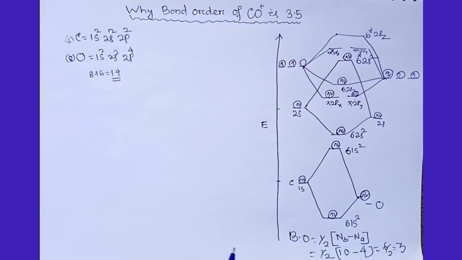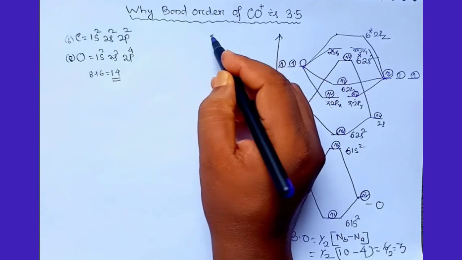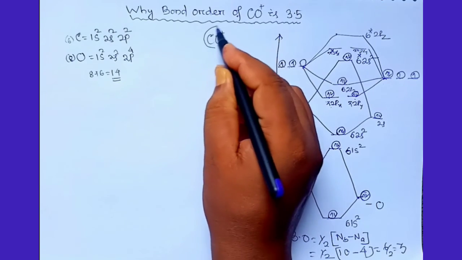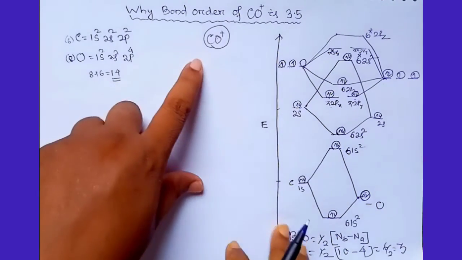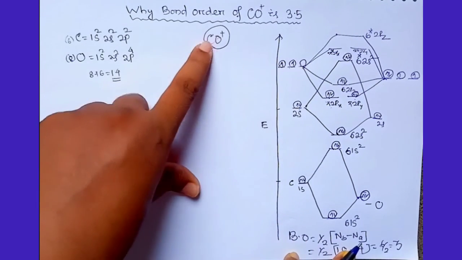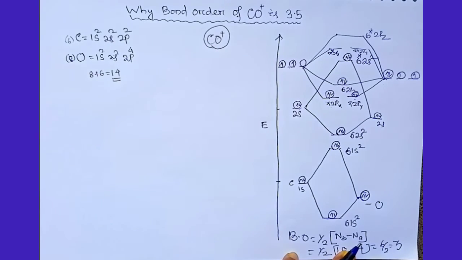Now we will come to CO plus. Here it has lost one electron. Now what will be the bond order? You see the point, whenever you see the concept of ionization energy: ionization energy is the required amount of energy to remove an electron from its neutral gaseous atom.